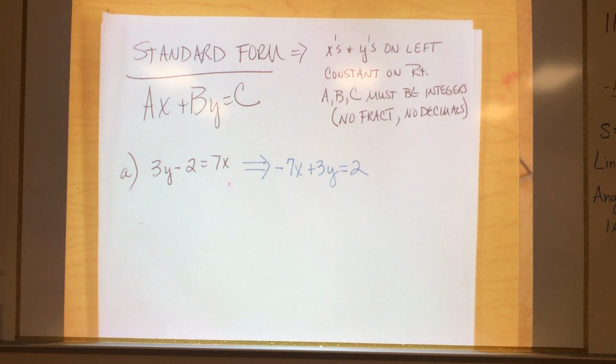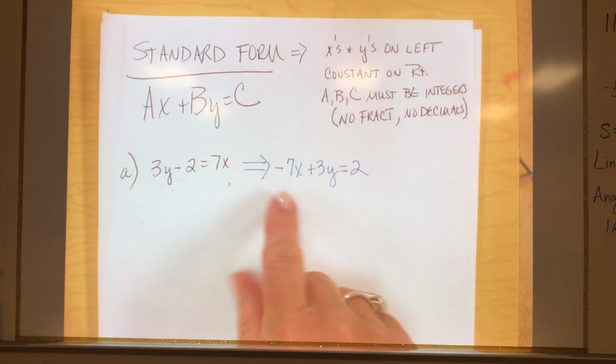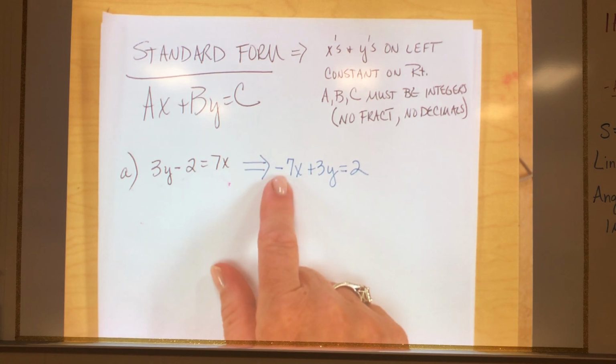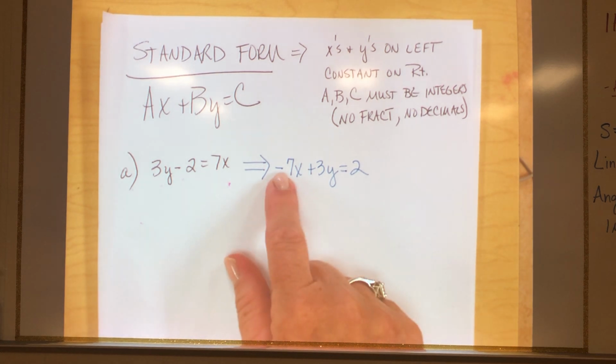Now here's my only warning. Back 900 years ago when I was in school, we were not allowed to make the coefficient of the x, the A, negative. Then sometime after that, the books changed and they said, okay, we'll let it be negative.